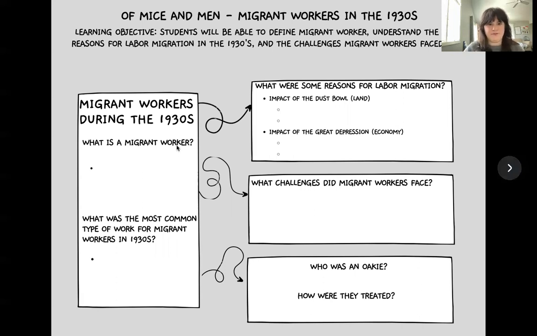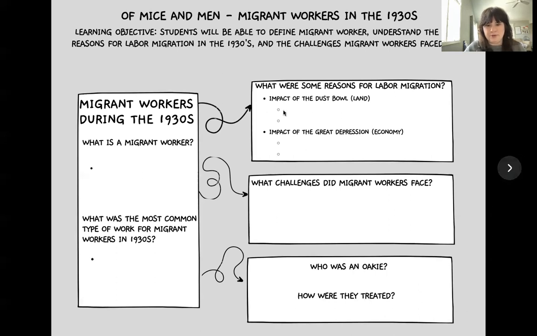So moving forward with the graphic organizer specifically, they're going to investigate what is a migrant worker, and what was the most common type of work for a migrant worker in the 1930s, because there can be various industries that migrant workers are involved in, but specifically we're looking at farmers and agriculture workers. They are going to investigate some of the reasons for labor migration.